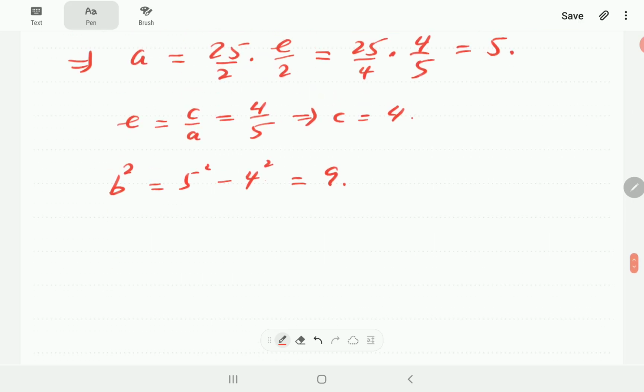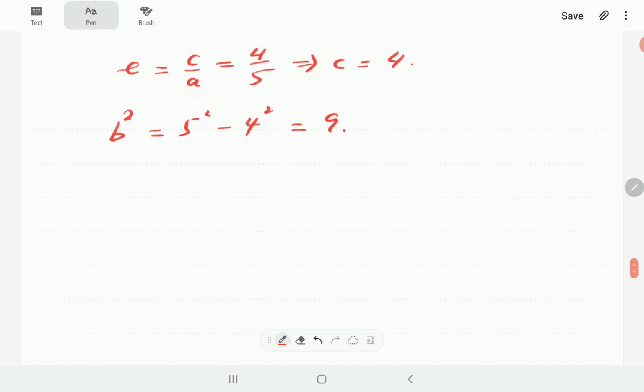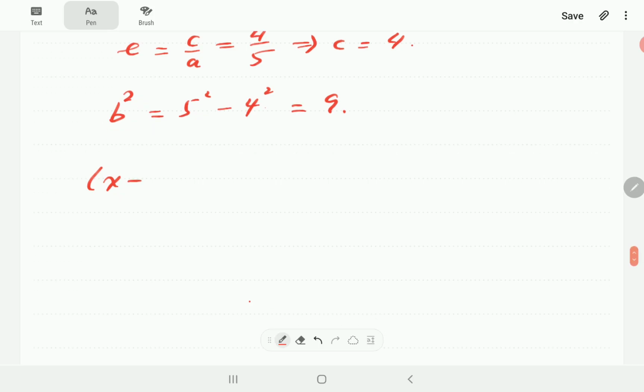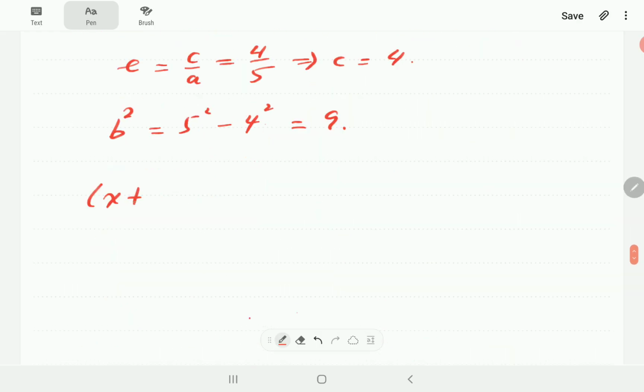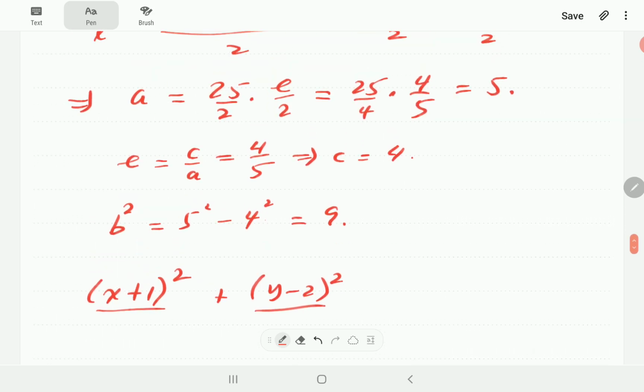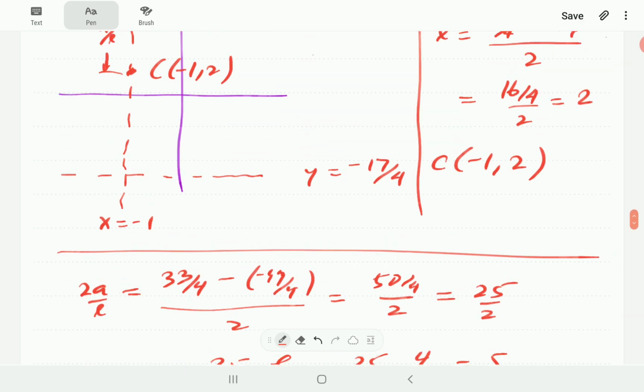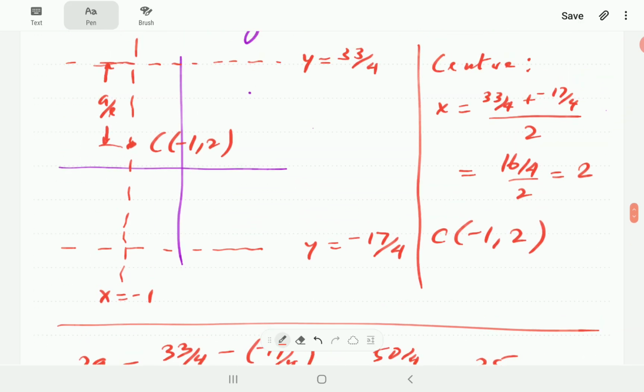We can now write the equation. It's going to be x plus 1 squared, since the x coordinate of the center is minus 1. Then y minus 2 squared. The a squared must divide the y term, because the major axis is parallel to the y-axis.